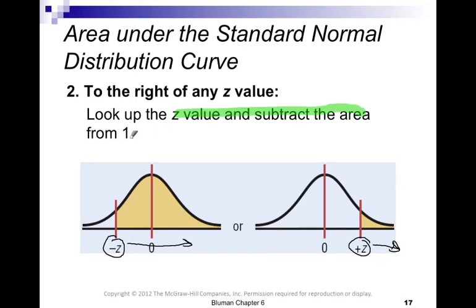Now, why from 1? Remember, 1 is the area under the whole curve. So all of this, from here to here, has an area of 1. And so if we look up the z-value for this part down here, what we can look up is this. That comes from the table. That's what you're going to read from the table.